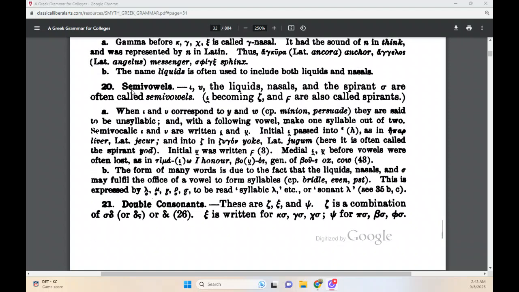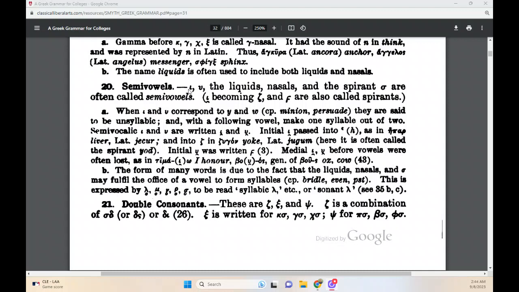Article 20, semivowels. In Greek, the word semi means half or part of. So you can sort of guess what this word means. Semivowels means half vowels. We see that the only semivowels are iota and upsilon. I'm sorry, not the only.